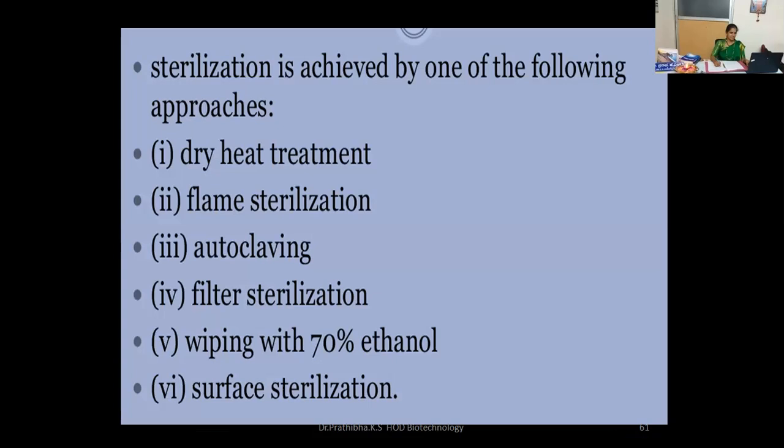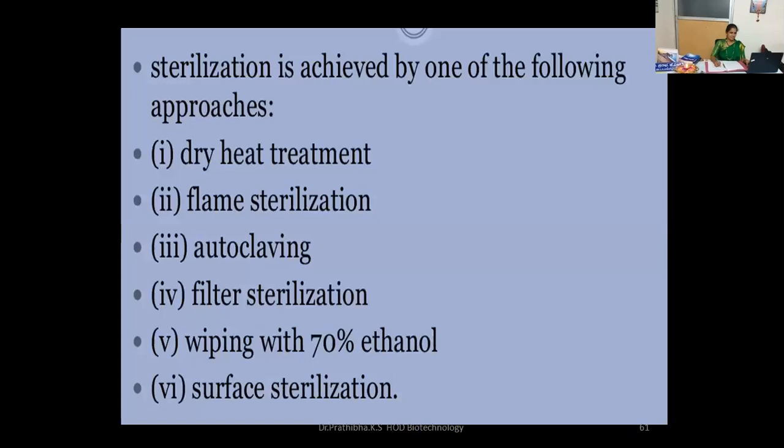As I already discussed, dry heat treatment is given by the hot air oven. That is dry heat sterilization, which is 160 degrees Celsius for 2 hours or 170 degrees Celsius for 1 hour.